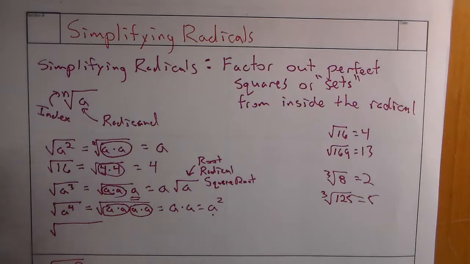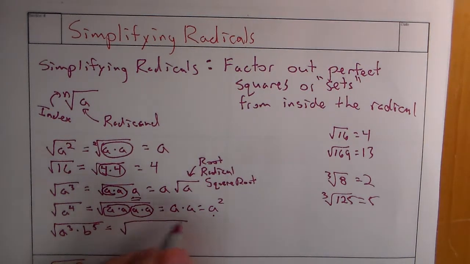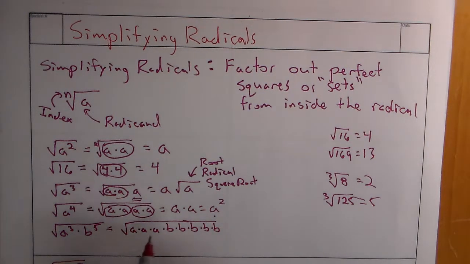Well, let's go a to the 3rd times b to the 5th. So now we have factors together. A to the 3rd, b to the 5th would look like that if expanded out. All we're looking for here is sets. I have a set of 2, a set of 2, a set of 2.